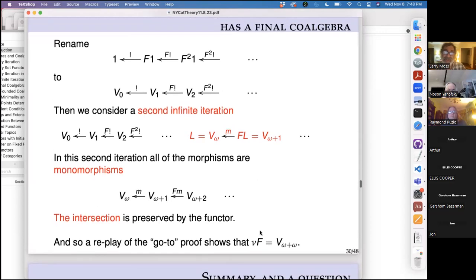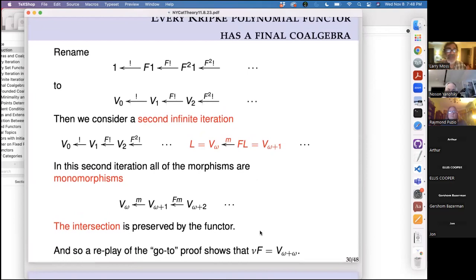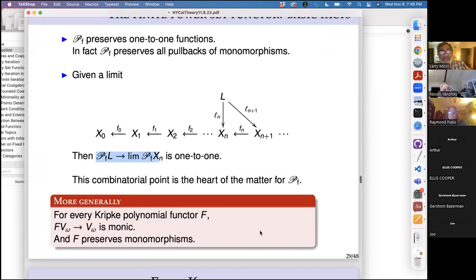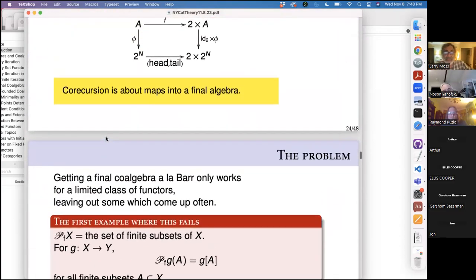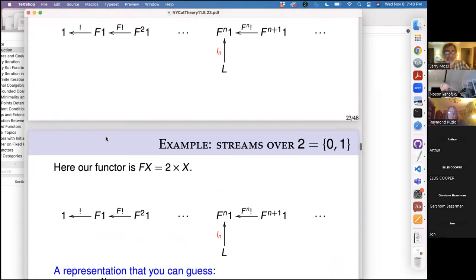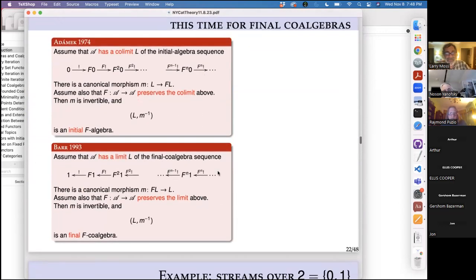So let me say this again. What you do with the finite power set functor, if you start to take the limit a la Barr, which is back over here, the limit is not preserved by the functor. So you can't really use his theorem. But the canonical map M that you get here is actually a one-to-one function.